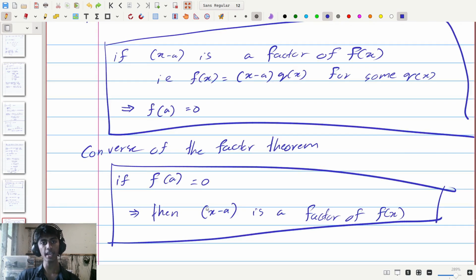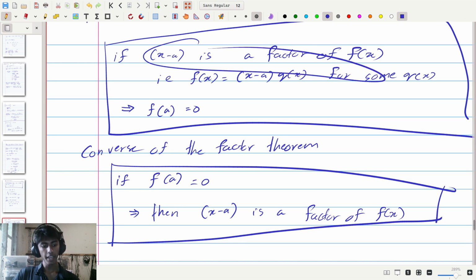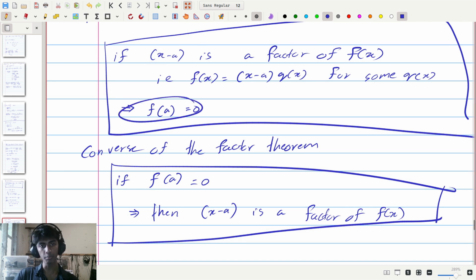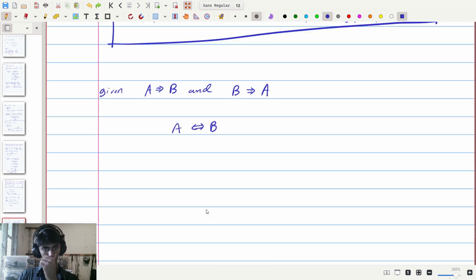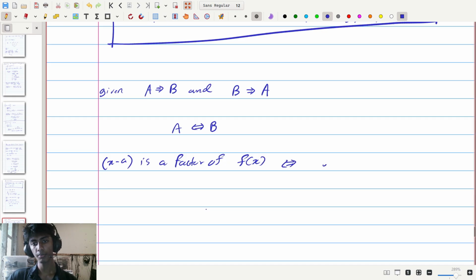So in this case, we have that x minus a being a factor of f(x) predicts B, f(a) is 0, and B, f(a) being 0, predicts x minus a being a factor, which is A. So in this case, we can write that x minus a is a factor of f(x) if and only if f(a) equals 0.